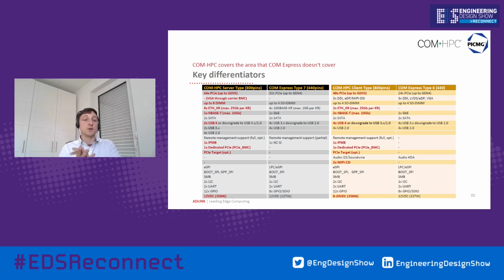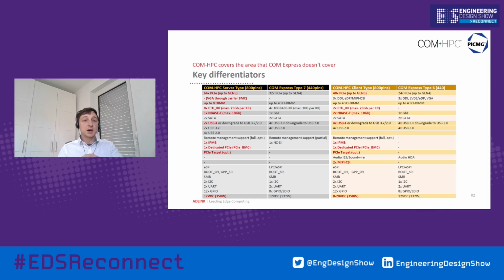So what are the major differences? Basically, COM-HPC offers 4 times more PCI Express bandwidth. And looking at the display interfaces, server and Type 7 is intended for headless operation, so typical server applications where no display is involved. And client and Type 6 features up to 4 4K display interfaces.